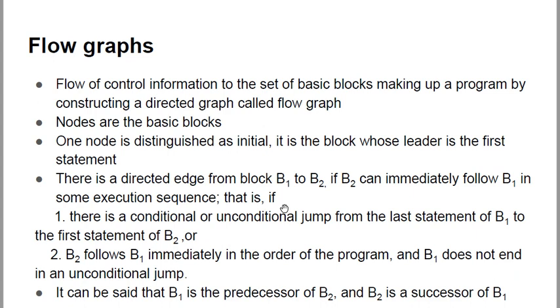If there is a flow from one basic block to another, that means there is a conditional or unconditional jump from basic block 1 to basic block 2. If there is an arrow from B1 to B2, B1 is the predecessor of B2 and B2 is the successor of B1.